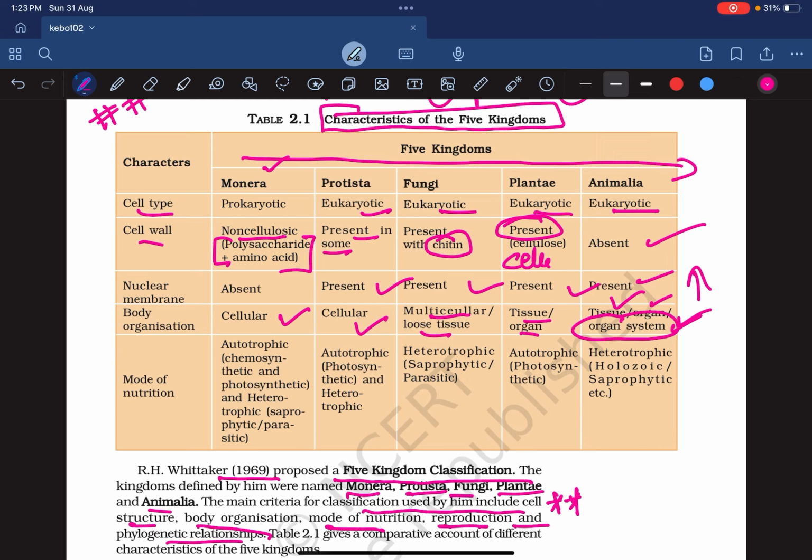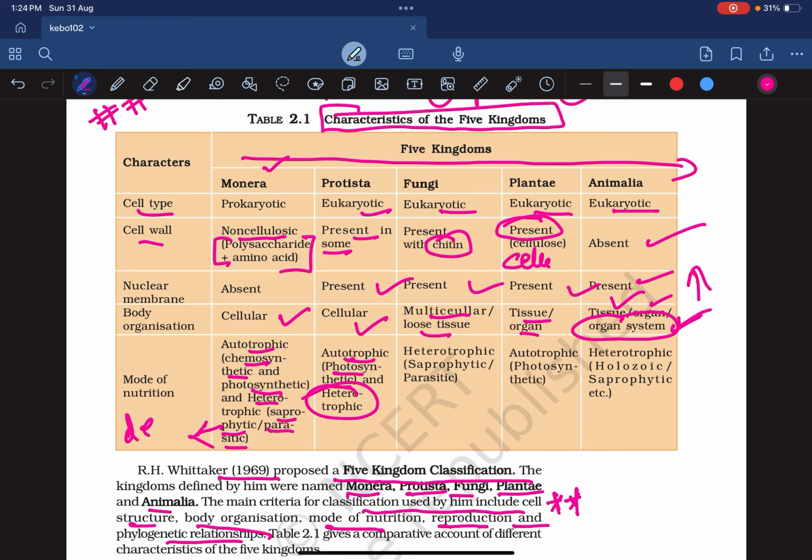Mode of nutrition: Monera, it's autotrophic, chemosynthetic and photosynthetic, or heterotrophic, saprophytic, mostly getting nutrition from decaying organisms, or parasitic, from other hosts. In Protista, the mode of nutrition is autotrophic, mostly photosynthetic, and another one is heterotrophic, dependent on autotrophic organisms.